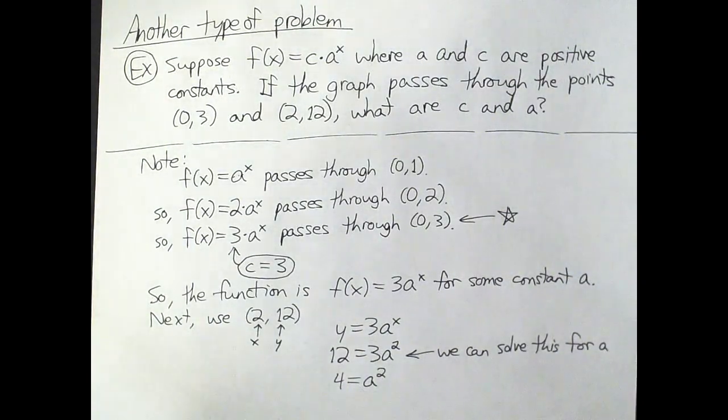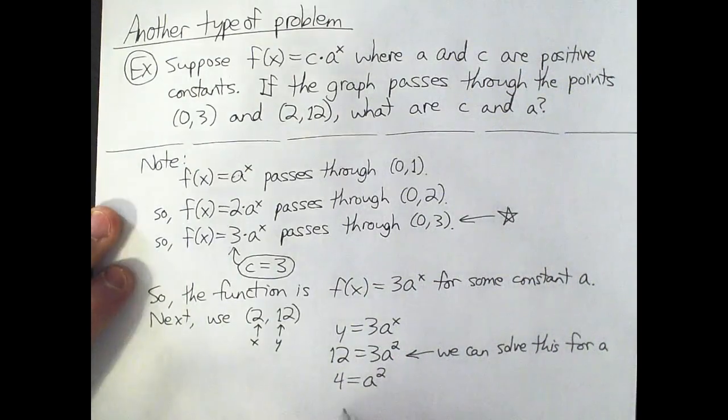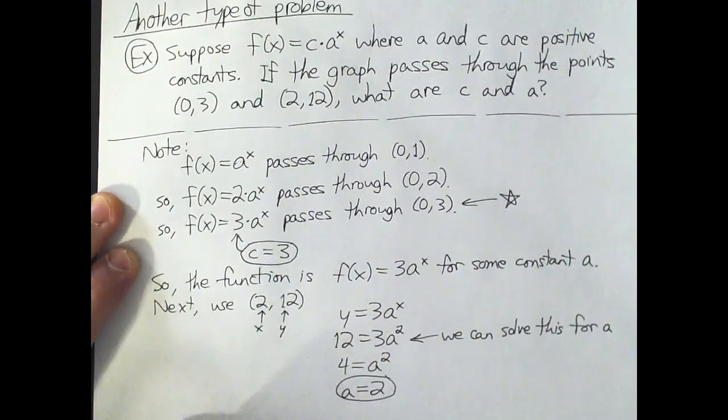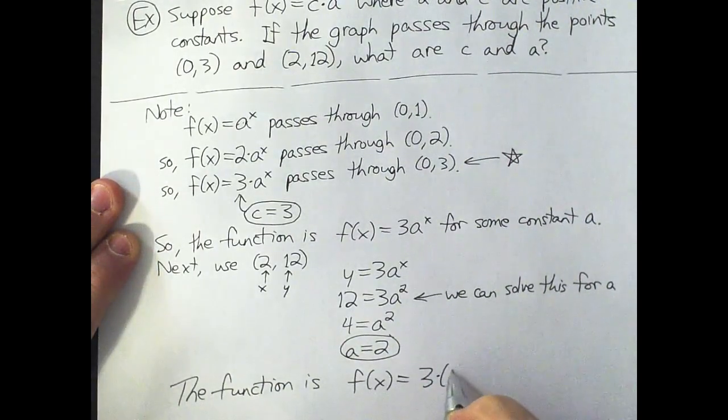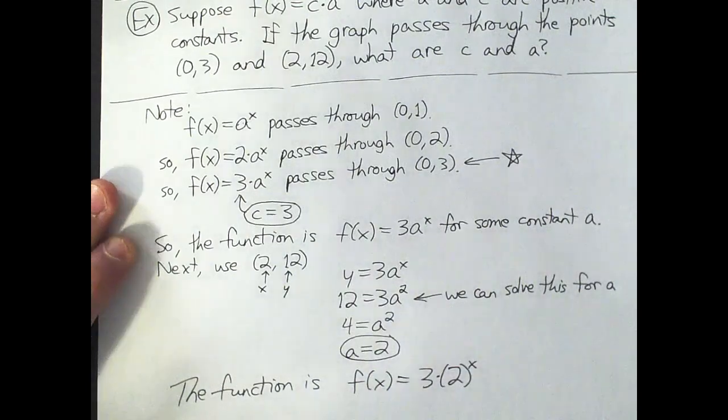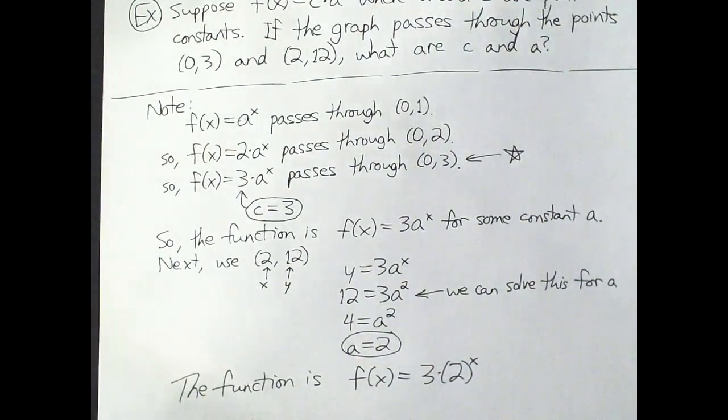So I don't need to say plus or minus 2. I can just say a is 2. So the function is f of x equals 3 times 2 to the x. That was this mystery function.